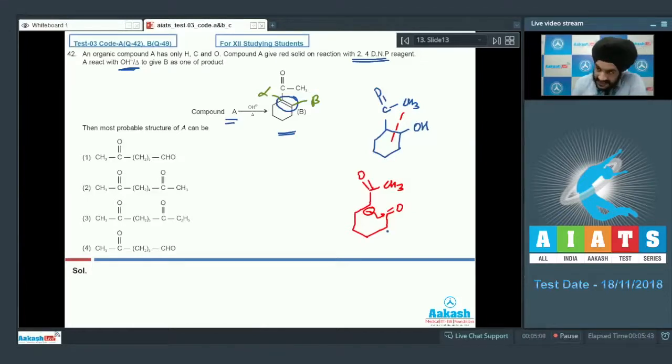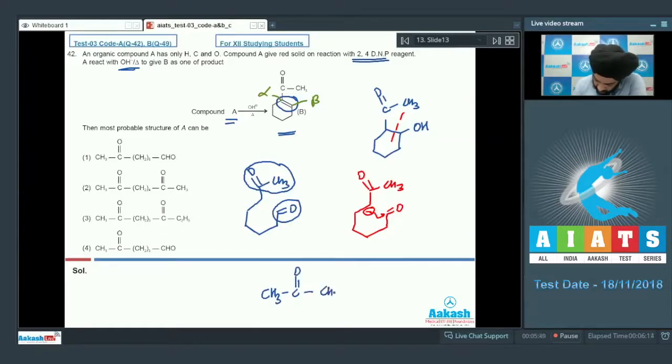So this is the conjugate base created by the substrate A. If we look at the structure of A, it is going to look something like this. So we have an aldehyde and a methyl ketone separated by 5 carbons. So we have a methyl ketone, then 5 carbon atoms, and then an aldehyde. Looking at the options, we can see that the correct structure of A is given in option 1, which is the answer to our question.